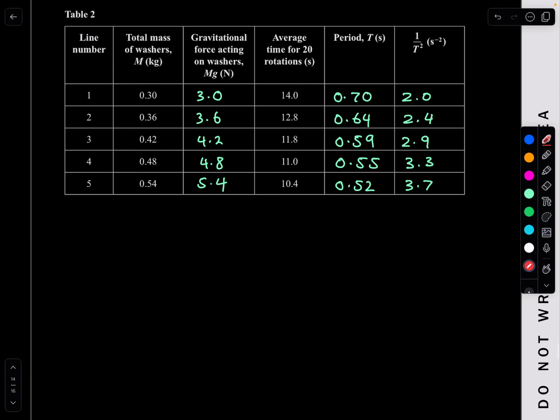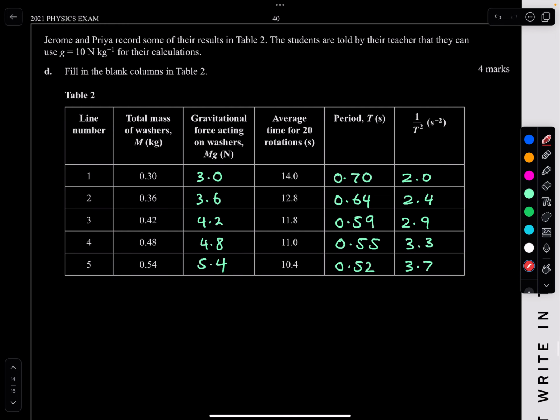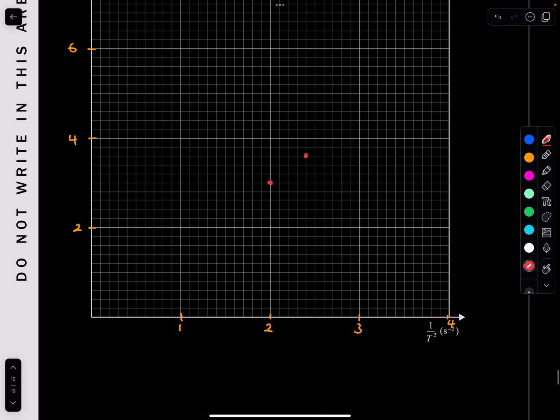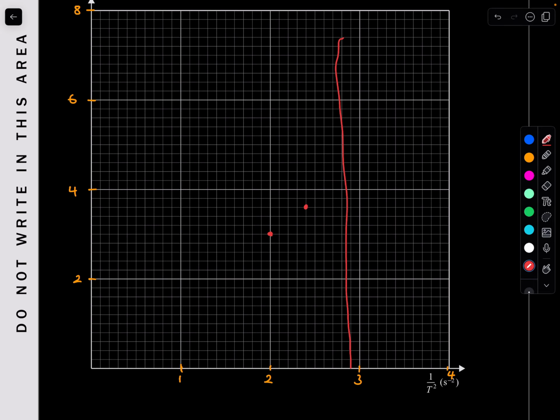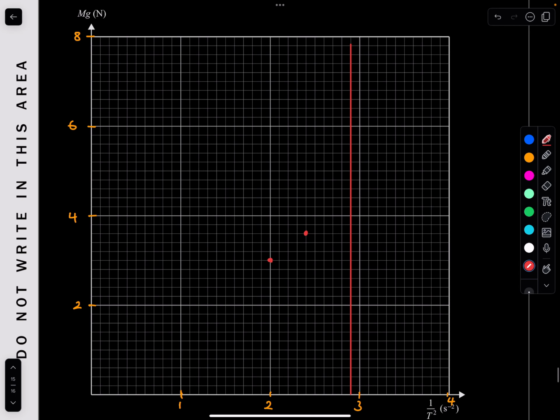Was it 3.6? Just want to double check. Yes, it is. Beautiful. Next point. 2.9 is basically here. That's 2.9 and 4.2. So there it is, right over there.